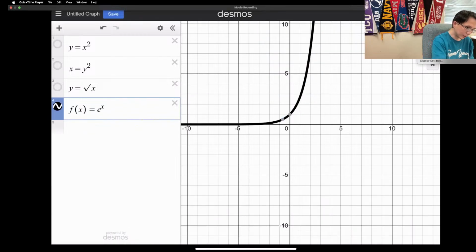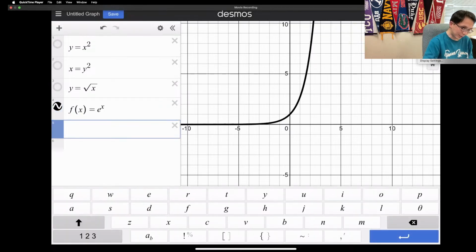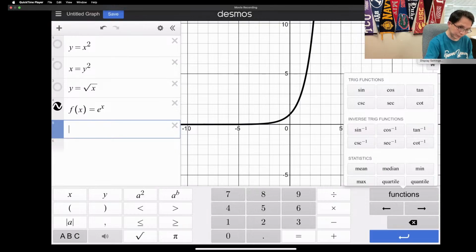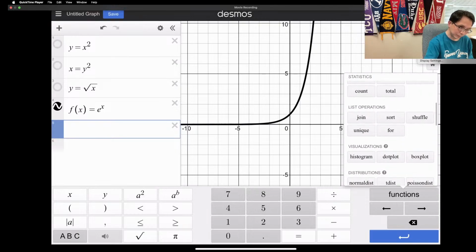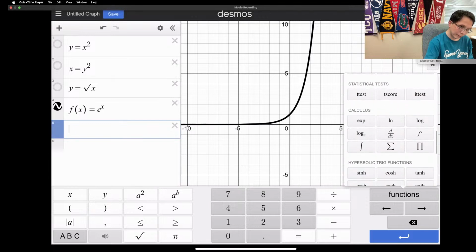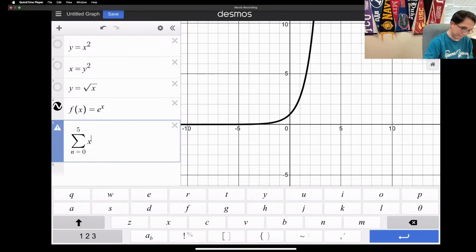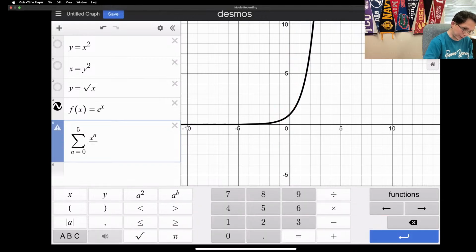And we say that's going to be the summation of n equal to 0 to, I don't know, 5 of x to the n over n factorial.